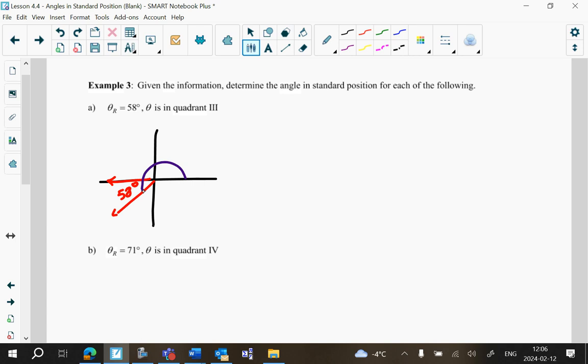So yes, 58 plus 180 is equal to 238 degrees. This is optional. I mean, to be honest, I'd probably give this to you as a short answer question.